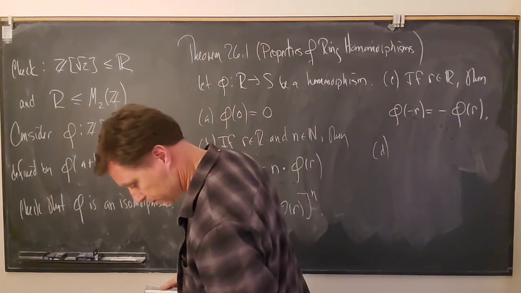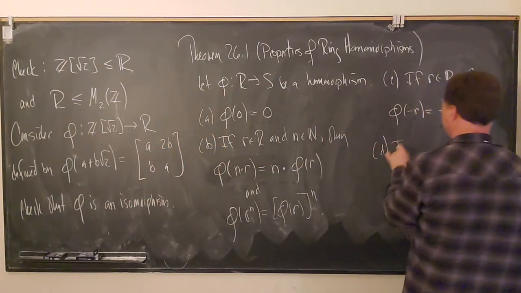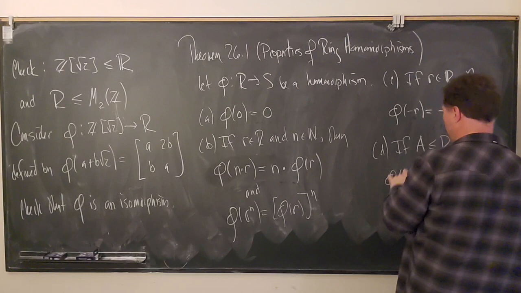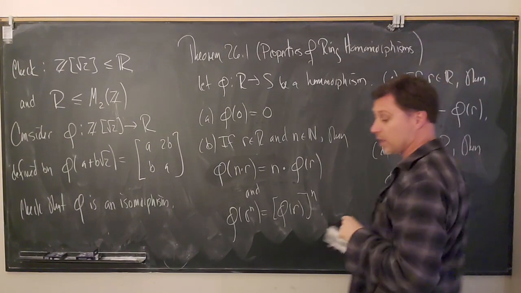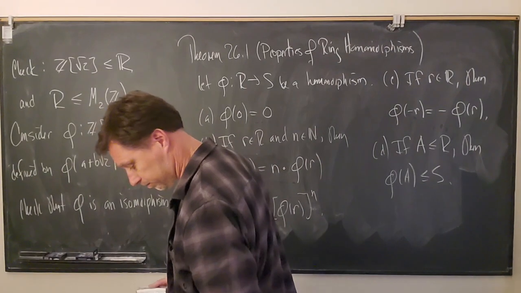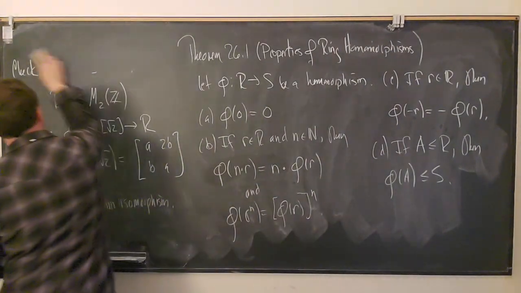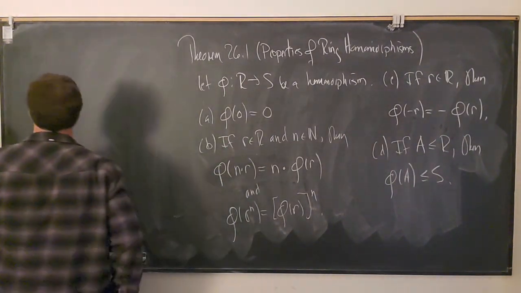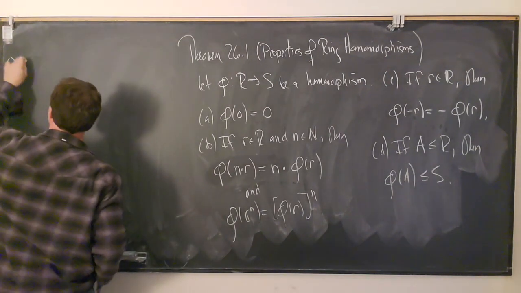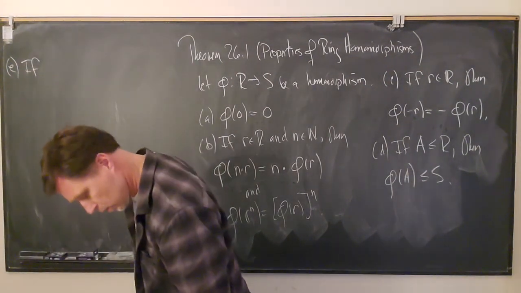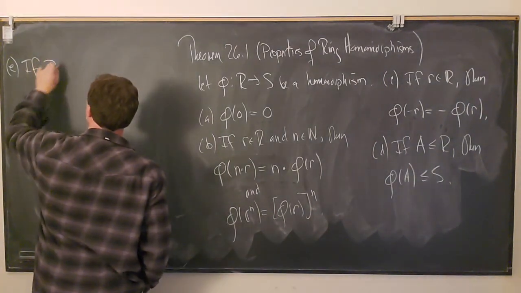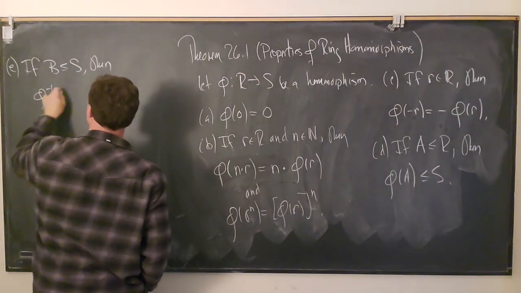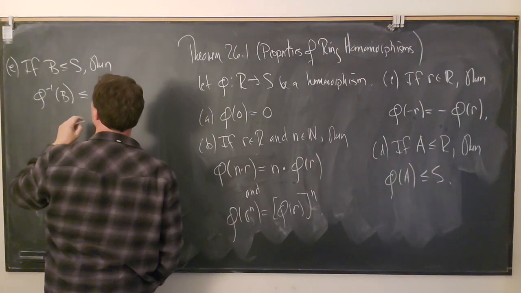Part D. If A is a subring of R, then phi of A is a subring of the codomain S. Part E. If B is a subring of S, then the inverse image of B is a subring of R.